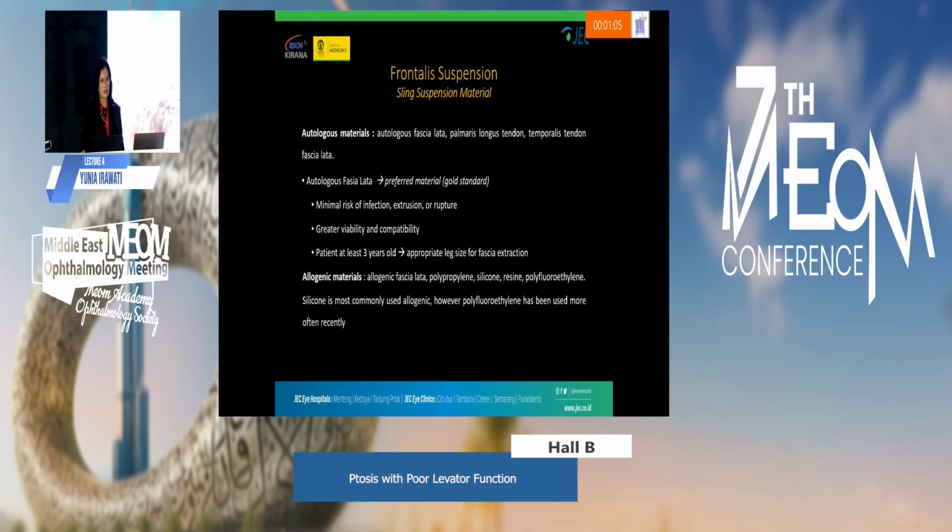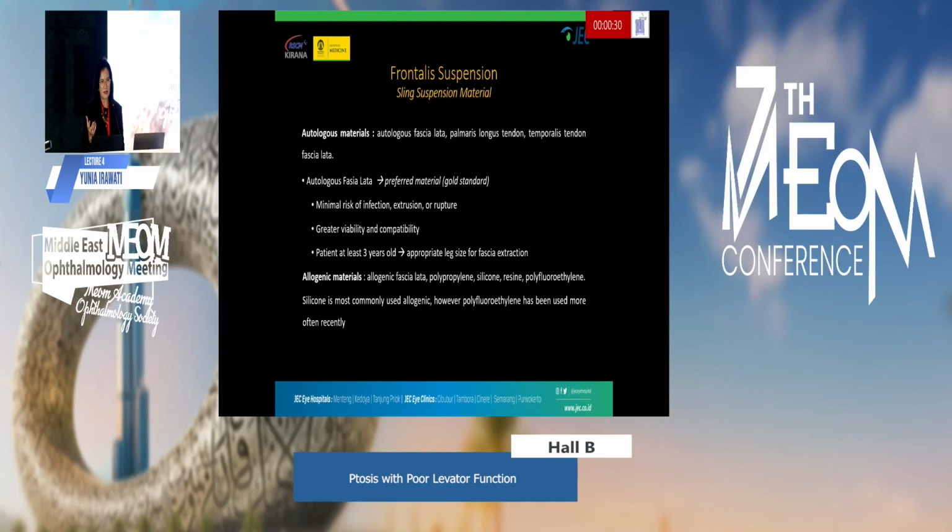For the frontal suspension, as I mentioned before, we can use the fascia lata. It has minimal infection, extrusion and rupture, and great viability and compatibility. Usually we can do it in a child of 3 years old, but I have experience with a 2-year-old, because I took only 2.5 centimeters in length and about 1 centimeter in width.